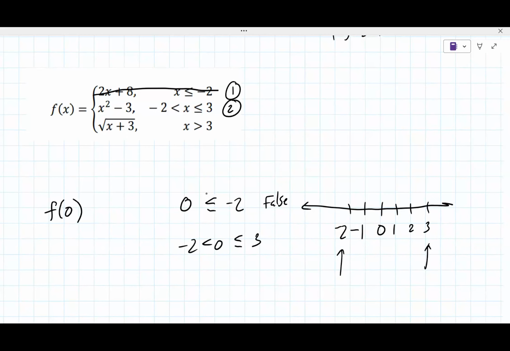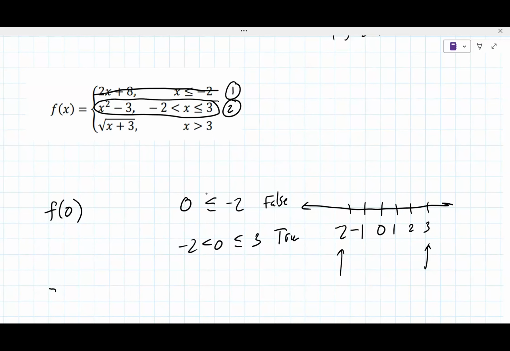Is it between those two numbers? Yes, so this one is true, which means you're going to use the middle piece.